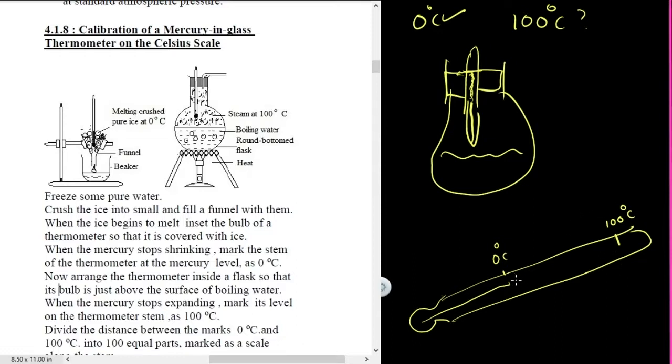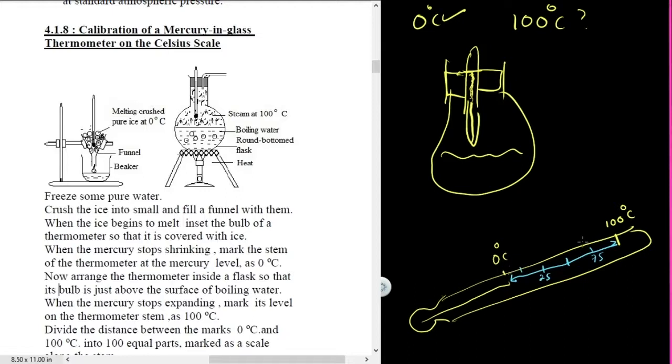So we can divide this length, from 0 to 100 degrees Celsius, into as many parts as you like. If you want just 2 parts, it is 0, 50, and 100. If you want 4 parts, 25, 50, and 75. Or you can divide into 10.